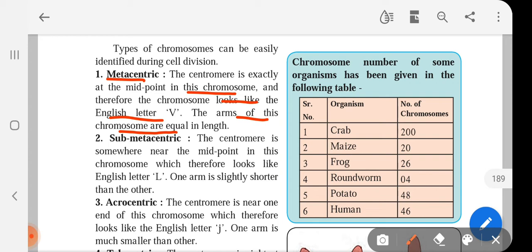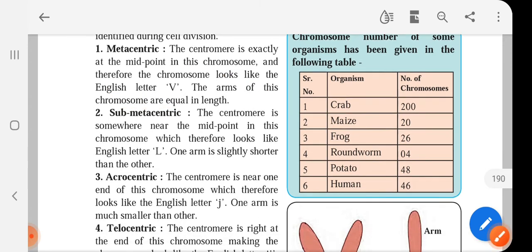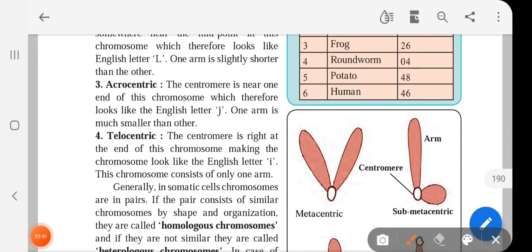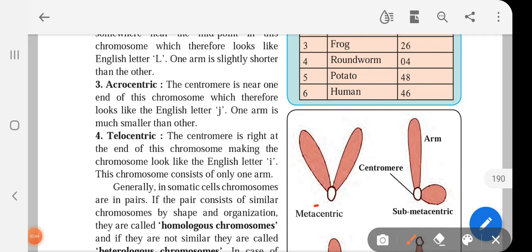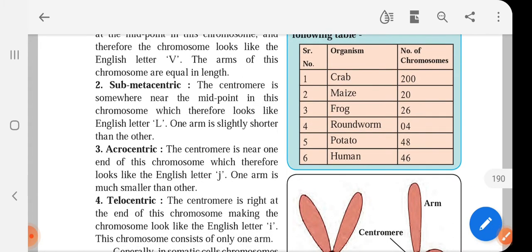Okay, so metacentric chromosomes, this is how it looks. The centromere is exactly at the center and the two arms are of equal length. Now let us talk about submetacentric.